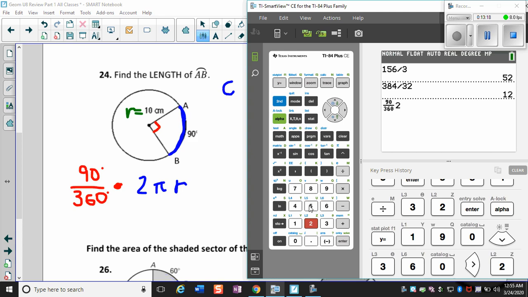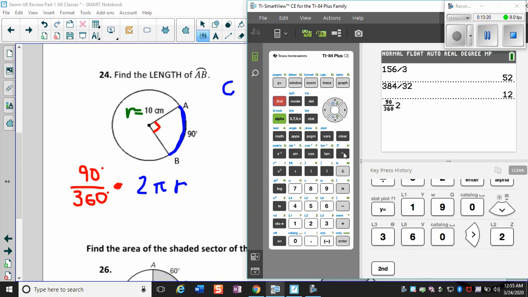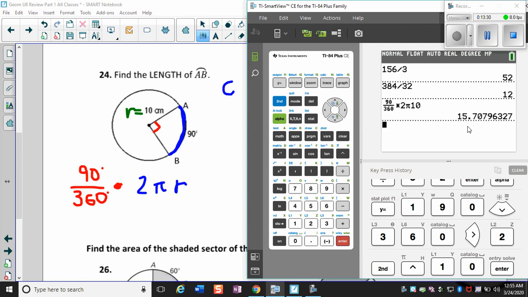And then let's put 2. Remember, you need your second button for blue pi to get the pi out. And then we're going to type in the value of 10, because that is the value of the radius. Hit enter. And then we find out that the length is 15.70796327. And here I'm going to invite you to practice, to go ahead and round off to the nearest tenth.